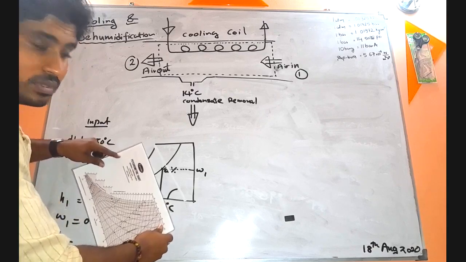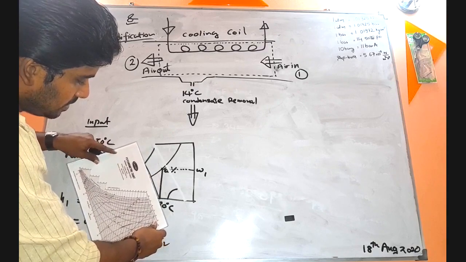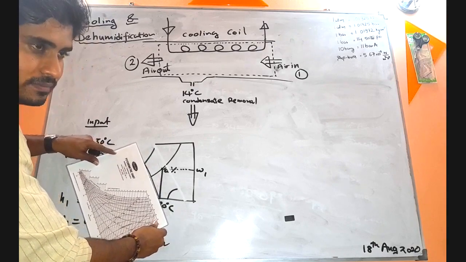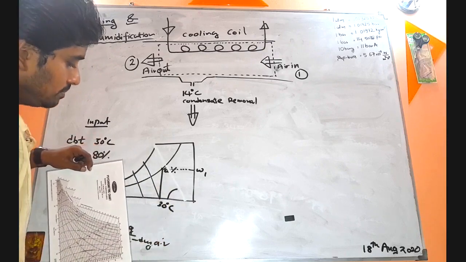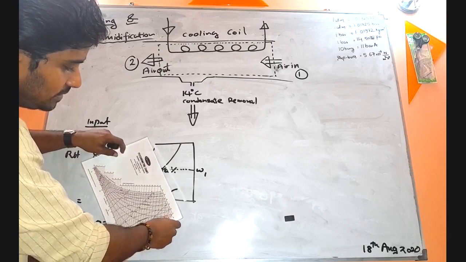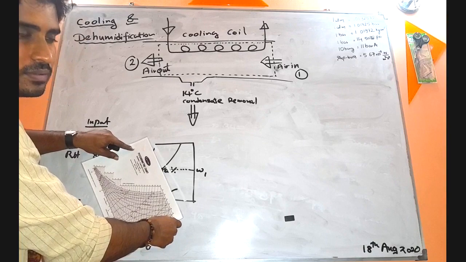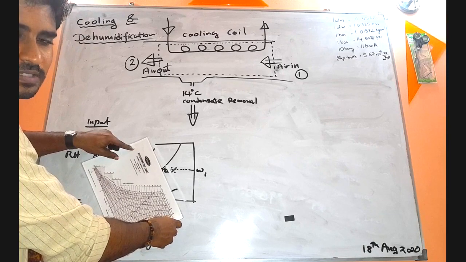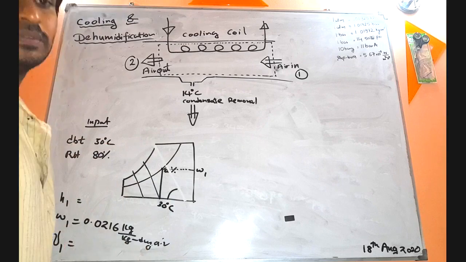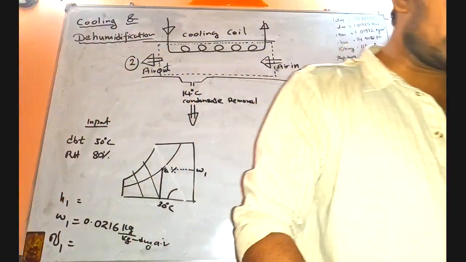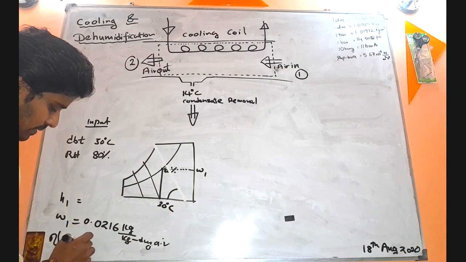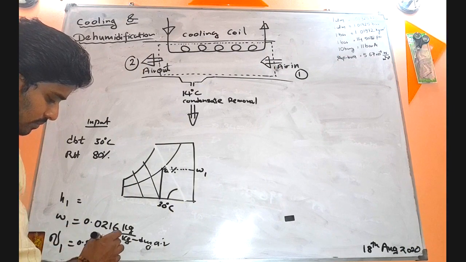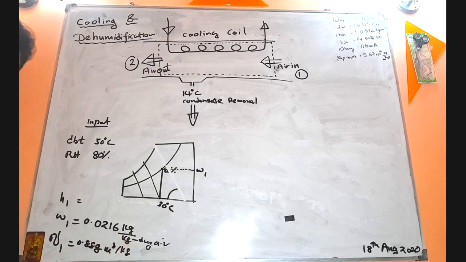Use the ruler and consider a line that is parallel to one of the specified lines and passes through this point of intersection. You got it? Then you can determine the specific volume. If you carefully obtain that, the specific volume must be 0.889 meter cube per kilogram.